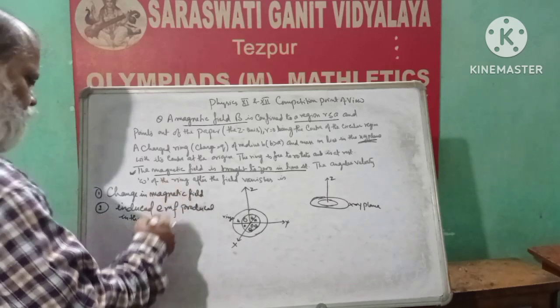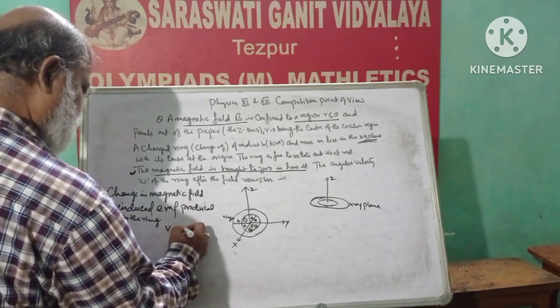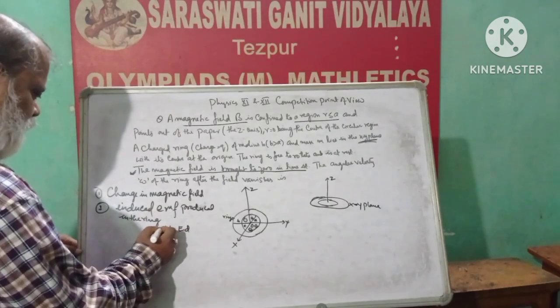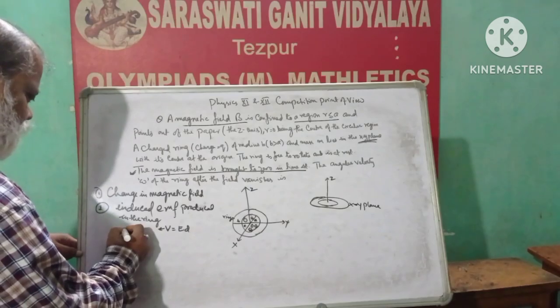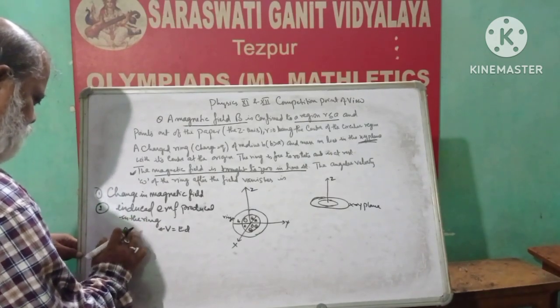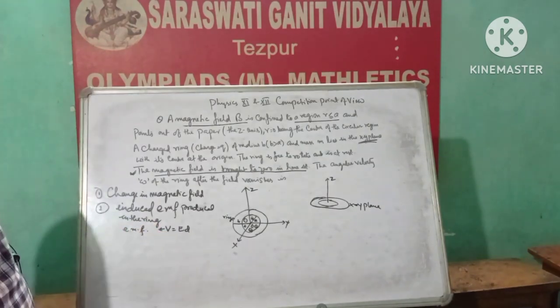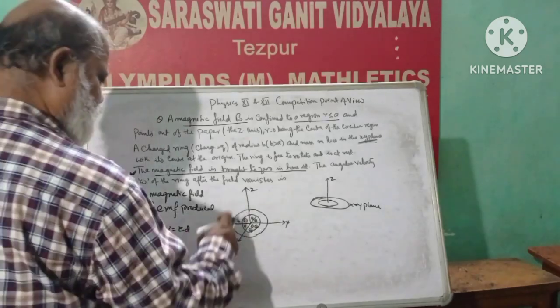So your induced EMF, we know that V is equal to E into d. This V is nothing but the potential, because this is the induced EMF. So this induced EMF is produced in the ring.